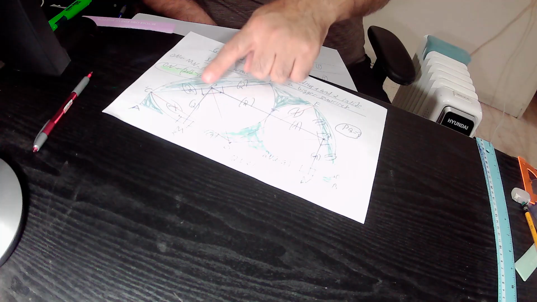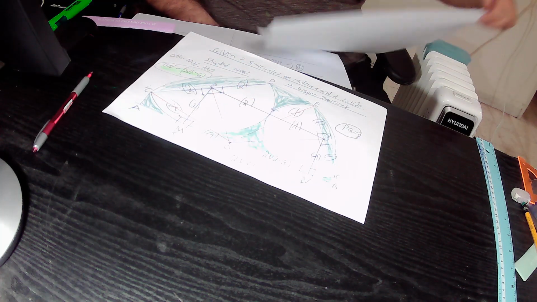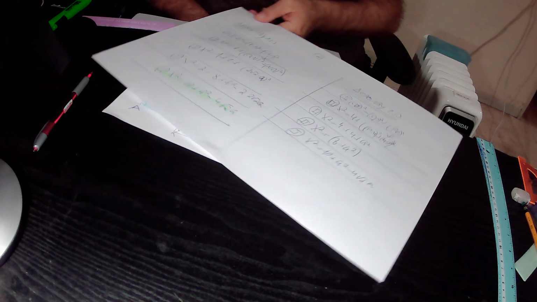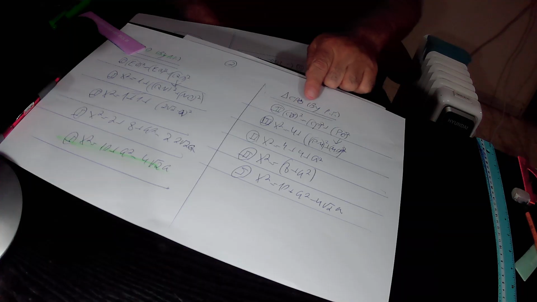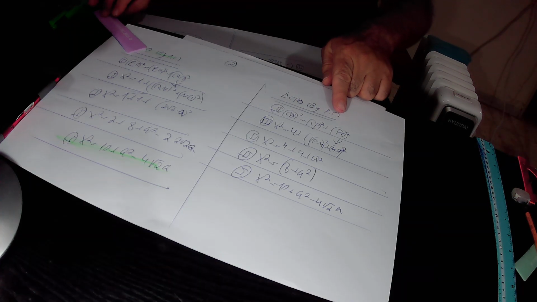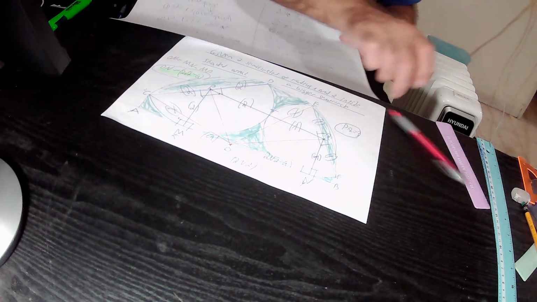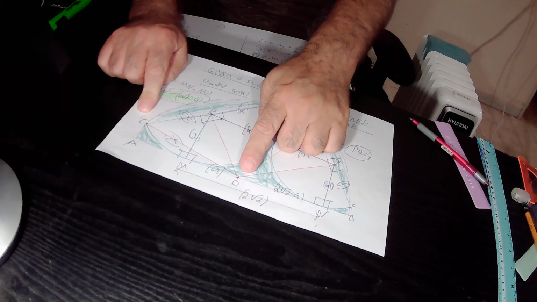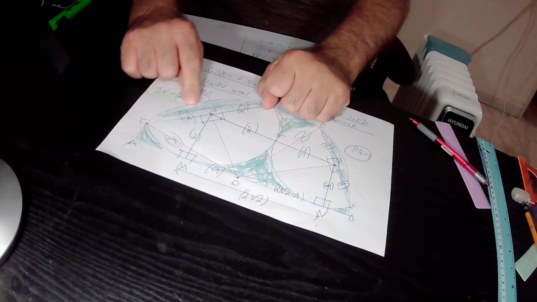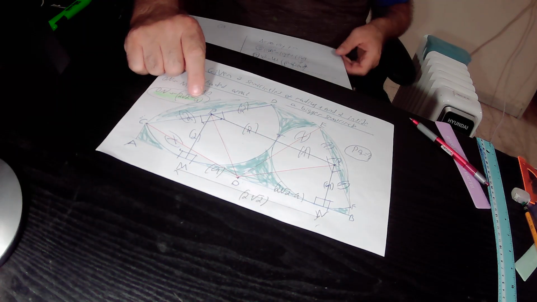CO squared, the square of the hypotenuse, equals CP squared plus PO squared. CO is x, therefore CO squared is x squared, and it equals CP squared. CP is 2, therefore CP squared is 2 squared, that is 4, plus PO squared.